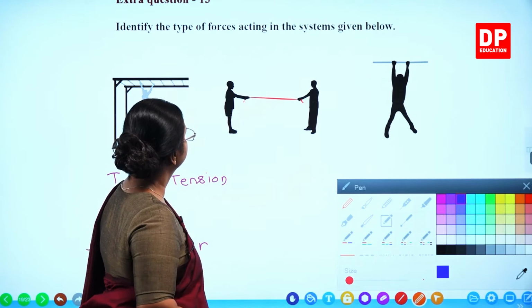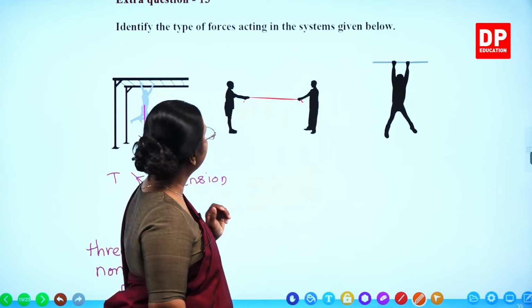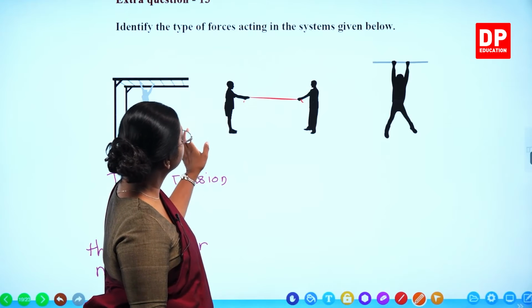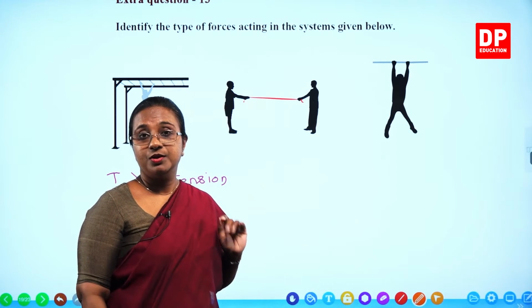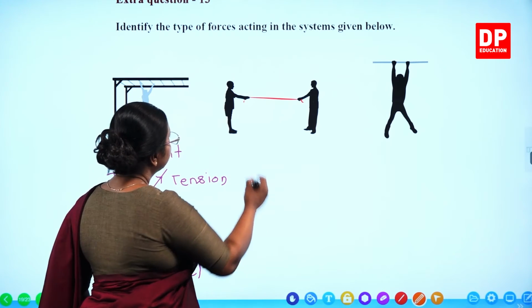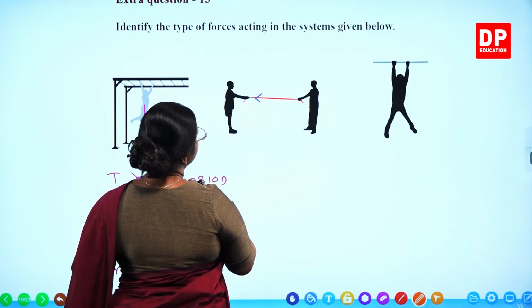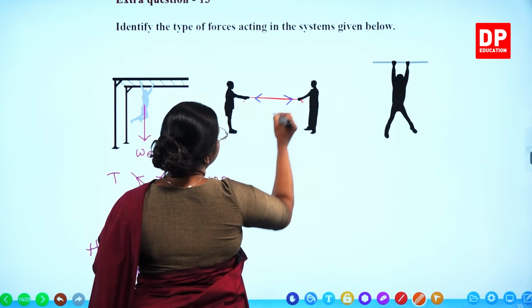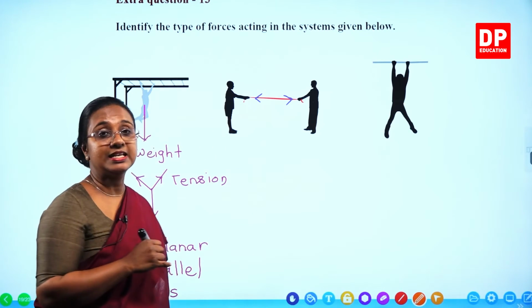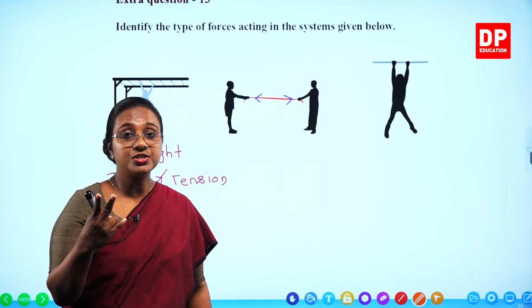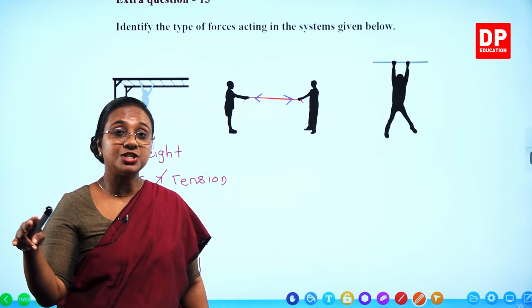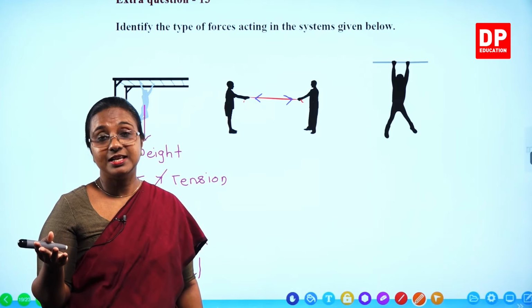What is this? A boy and a person, they are pulling a rope. So there what will happen? The boy pulls with a force towards this direction and the man is pulling it towards his direction. Just two forces, the same line of action, and they are opposite in direction.